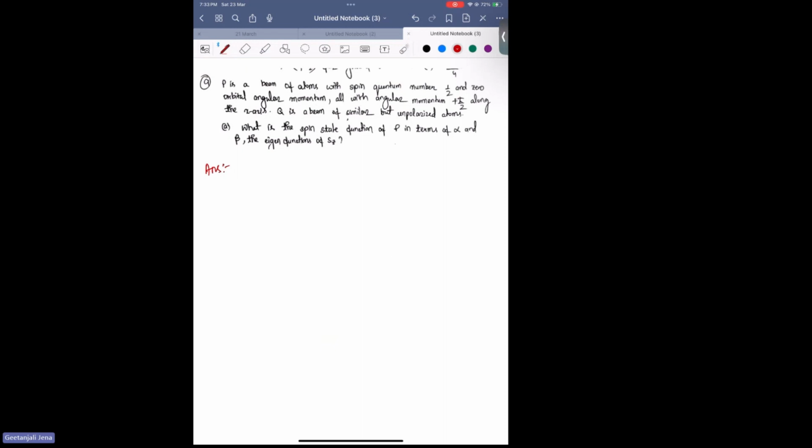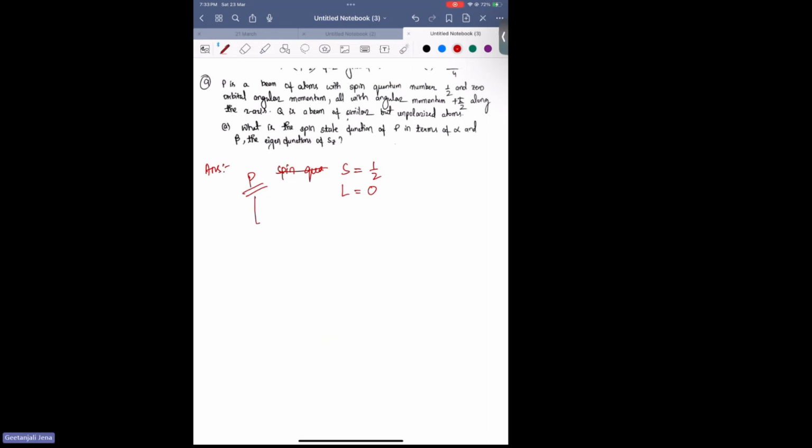P is a beam of atoms with spin quantum number S equal to half, and orbital quantum number L equal to 0, all with angular momentum plus h cut by 2 along the x-axis.